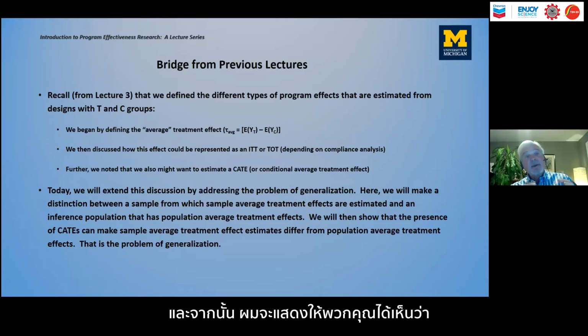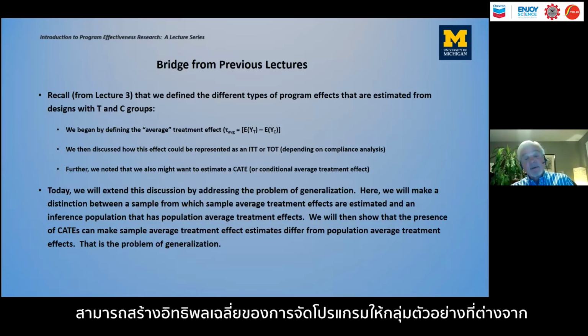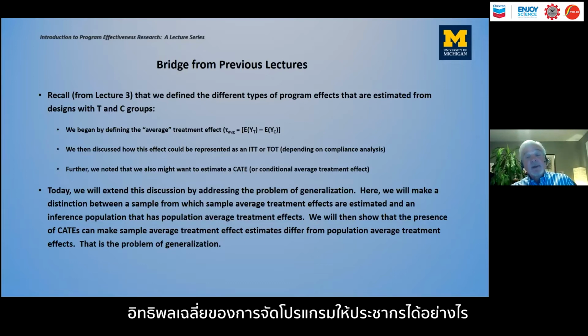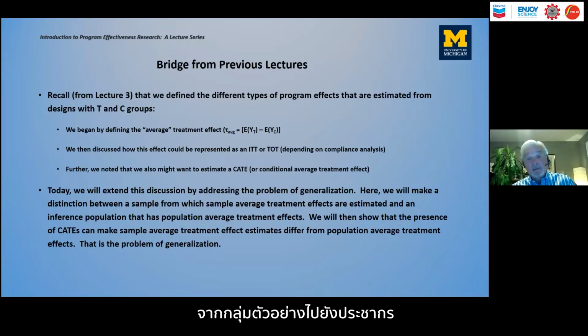And then I'm going to show you how the presence of conditional average treatment effects can make sample average treatment effects differ from population average treatment effects. And that's how I'm going to define the problem of generalizing from sample to population.